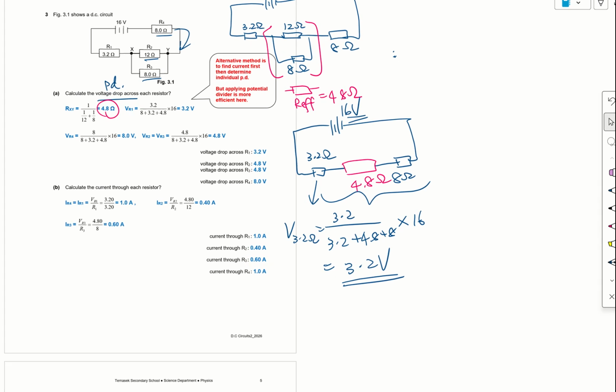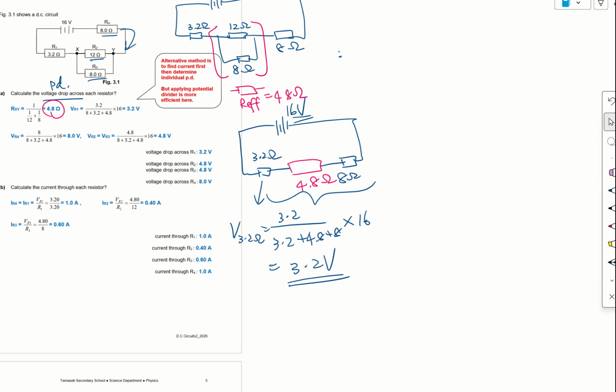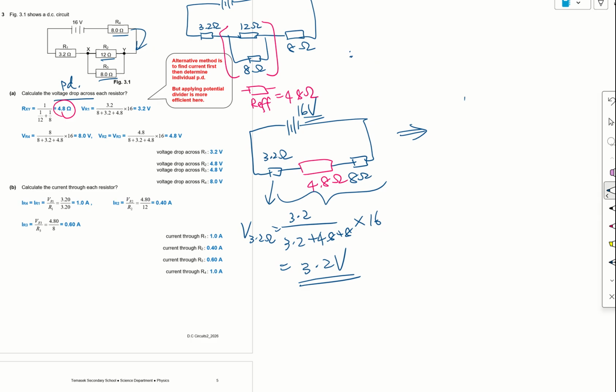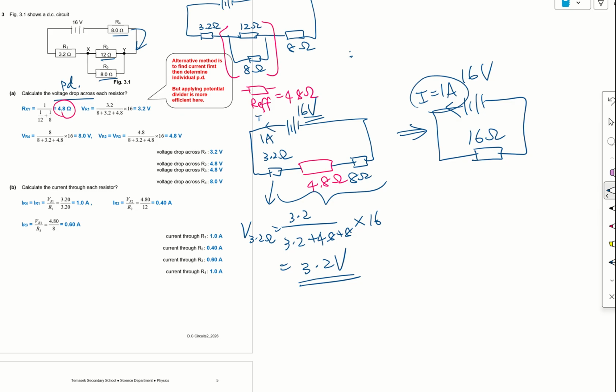But what if we do not remember how to use the potential divider formula? Very simple. You can actually add up all the resistors in series. This you know. It becomes 16 ohm. And this is 16 volts. I can actually find the current, which is 1 ampere. So I put this current of 1 ampere back here. I can just use the current of 1 ampere to find the potential difference, which is 3.2.